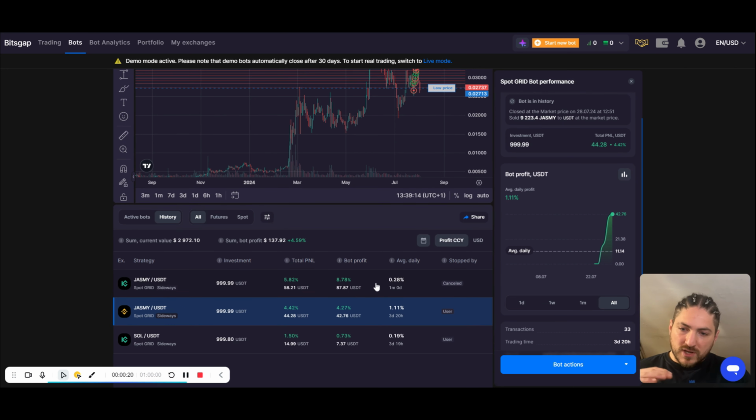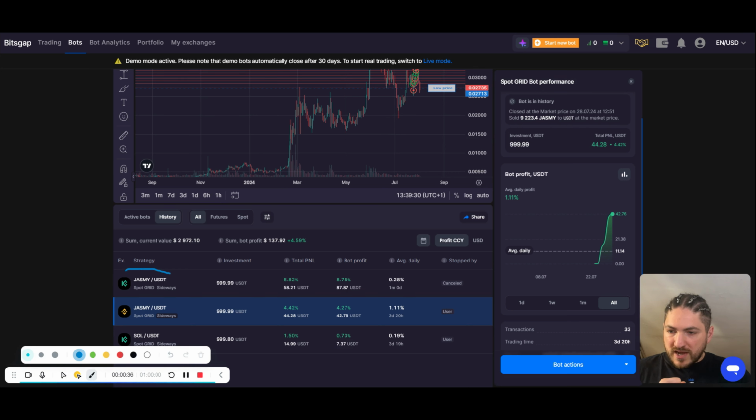But let's go through this one first, just because I want to show you how much bot profit you can generate from these bots, and how the same asset, if you set it up differently, can generate more profit or compound more bot profit. So as you can see here, we have Jasmy USDT and Jasmy USDT again. Now, they're both on different exchanges, but that will not make a difference.